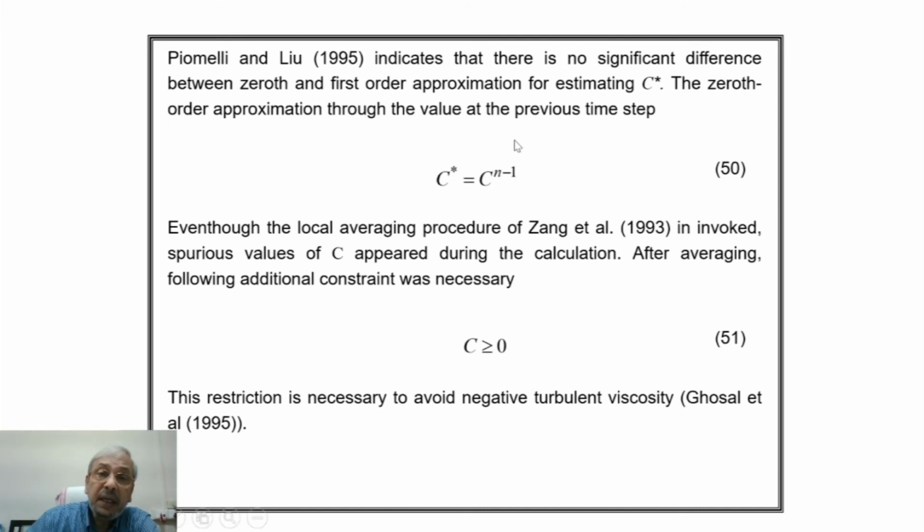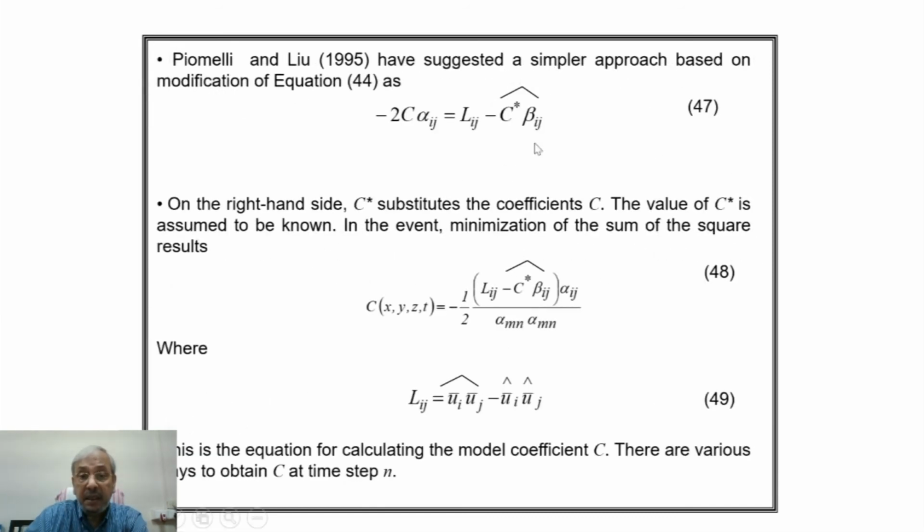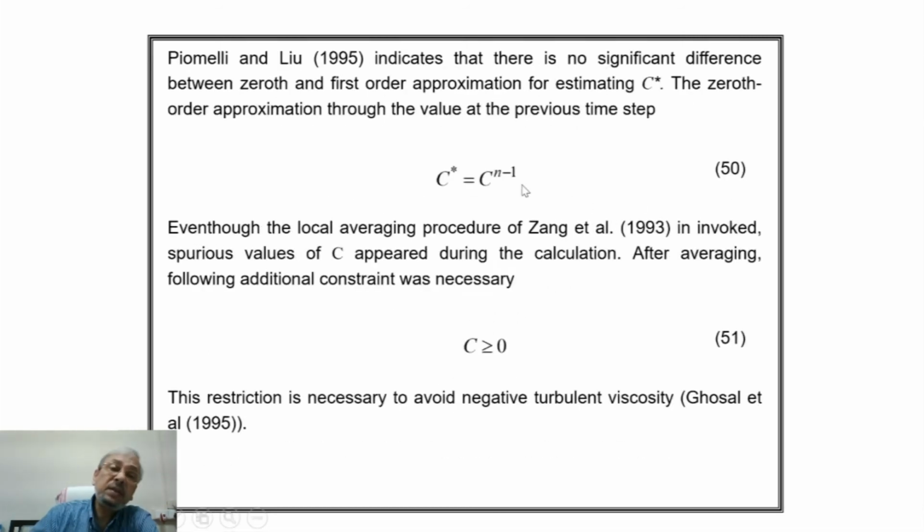So Piombili and Liu recommended that previous level C value in each cell, that means at n minus 1th level C value at each cell, can be considered as C star, and then that can be substituted here, and then 48 can be perfectly evaluated and C at nth level will be known. So that is the recommendation of Piombili and Liu.